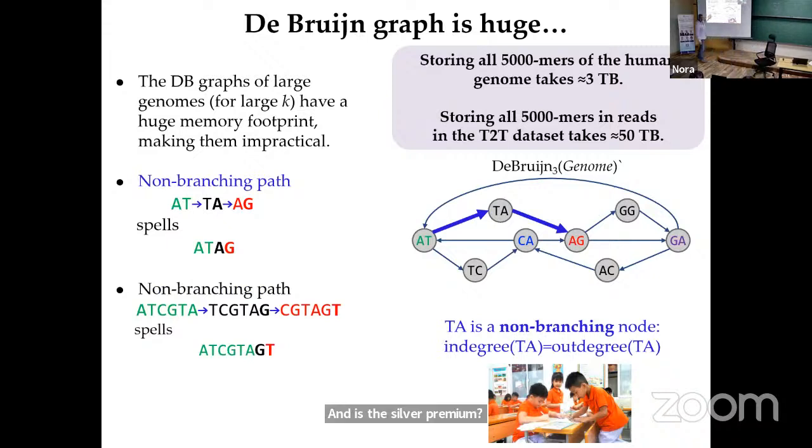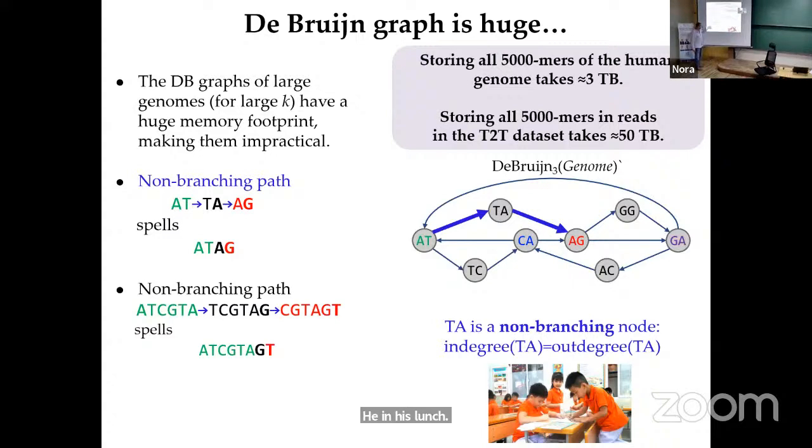If k is large, instead of these three nodes, can you substitute them by this without losing information? Right? You didn't lose any information. So you compacted this representation into this one.